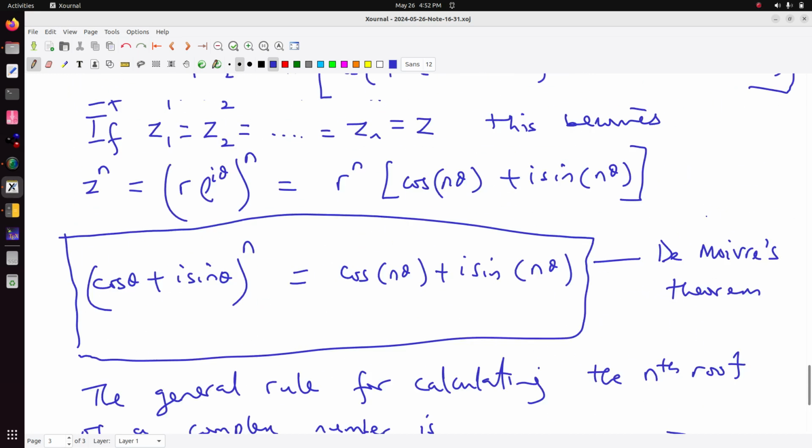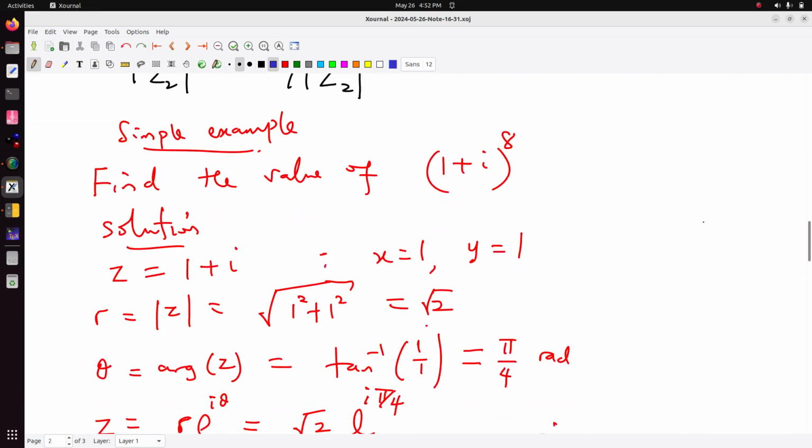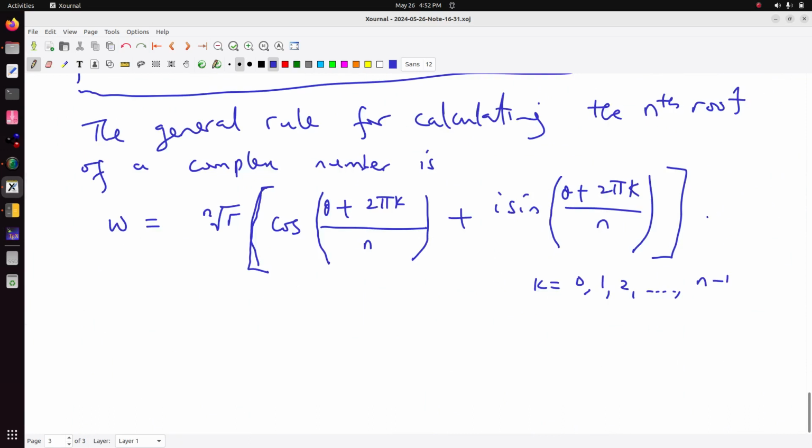Let me label this as equation 3. It's an important equation. You use this equation to find the nth root of a complex number.